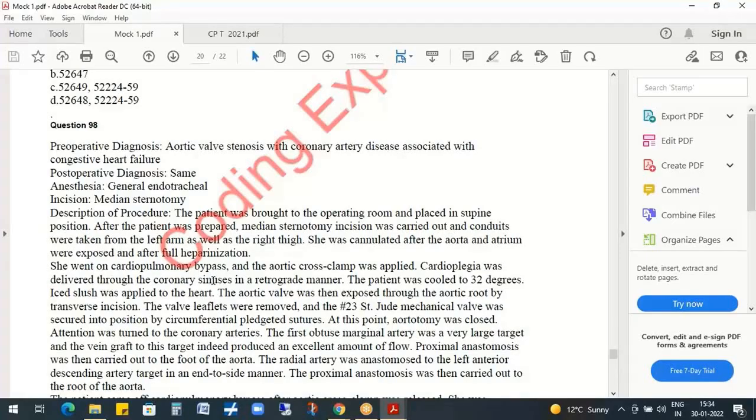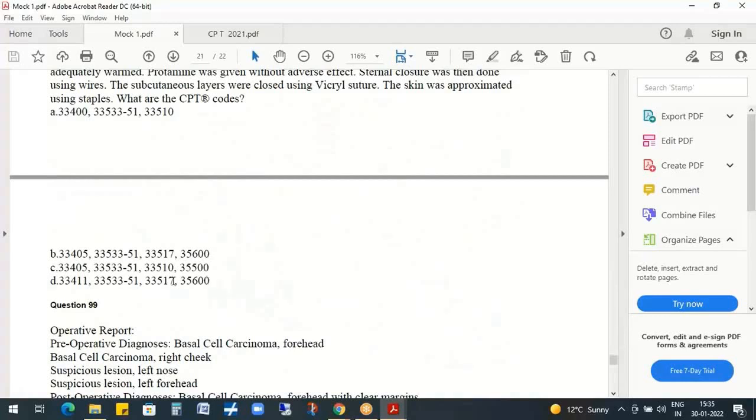Yes, sir. Cardiopulmonary bypass is under 33405. It is in options B and C. Understood. Then no need to check for 33533. The only thing we need to check here is 33517 or 510.